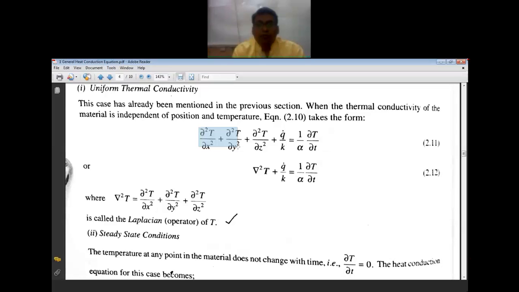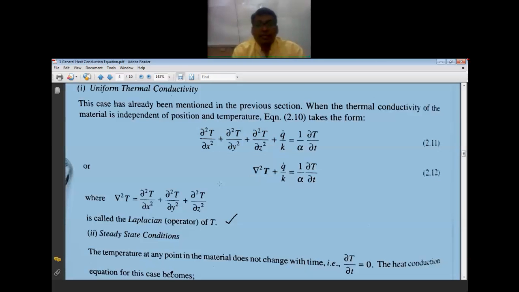Here uniform thermal conductivity is assumed. All three terms are there: the diffusion term, the generation term, and the unsteady state term. I can write the diffusion term in terms of the Laplace operator. This is nothing but delta square T, the Laplace operator of T, written as delta square T upon delta x square plus delta square T upon delta y square plus delta square T upon delta z square.